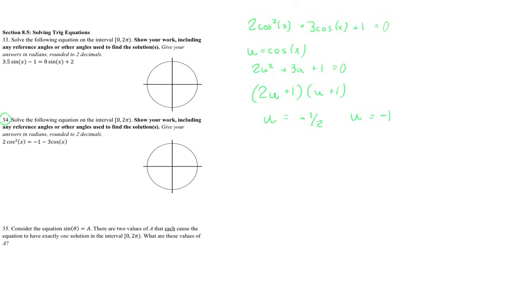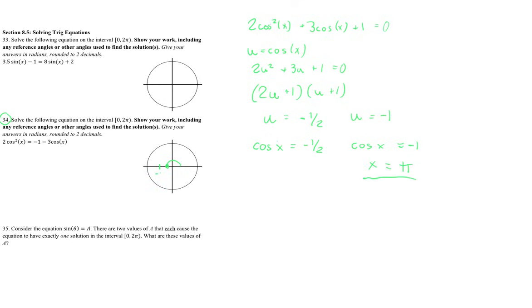We know that cosine is equal to u, so cosine of x is equal to negative 1/2, and cosine x is equal to negative 1. If cosine x is equal to negative 1, that tells us that x is equal to pi. Here, we need cosine of x to equal negative 1/2. So we know that's going to be somewhere right here.